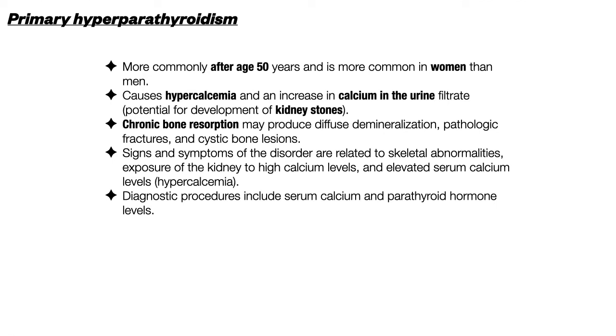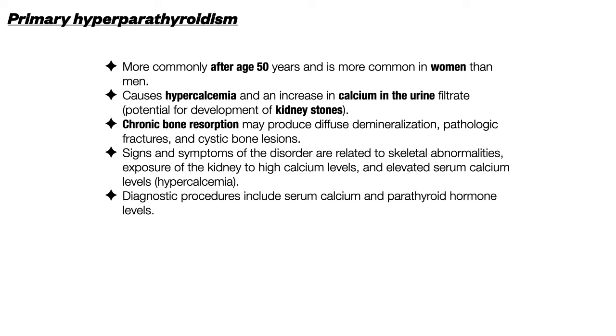All right, so primary hyperparathyroidism is more common after 50 years of age, and it's also more common in women, and it causes hypercalcemia, and this way you will find high calcium in the urine.